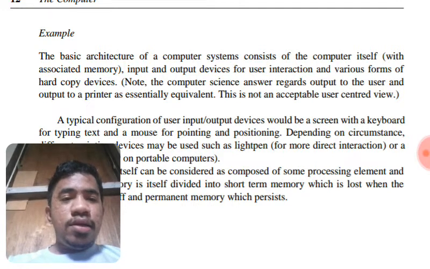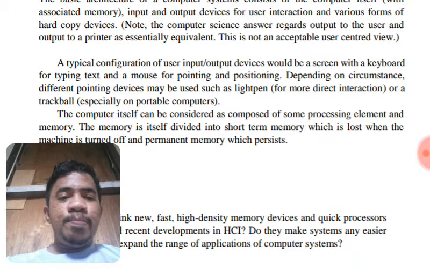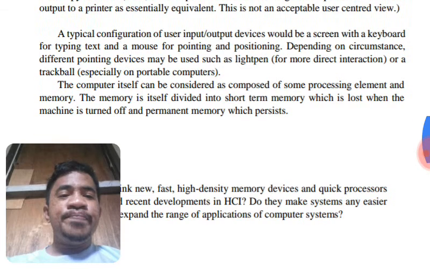This is not an acceptable user-centered view. A typical configuration of user input or output device will be a screen with a keyboard for typing text and a mouse for pointing and positioning.